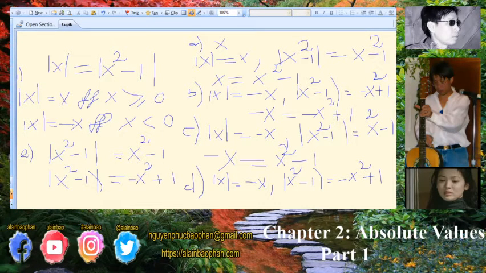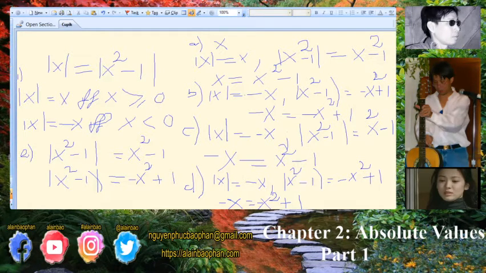So combine these two, we have minus x equal minus x squared plus 1. So two terms of absolute value, then we will have 4 equations, okay?